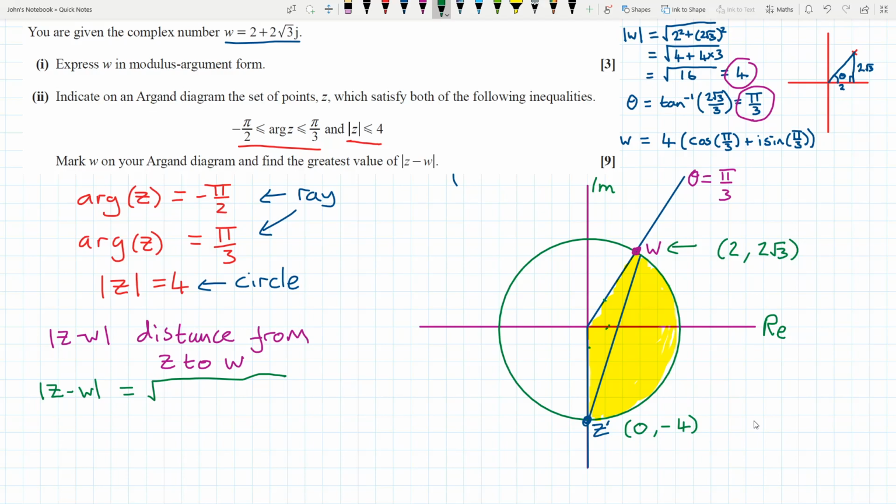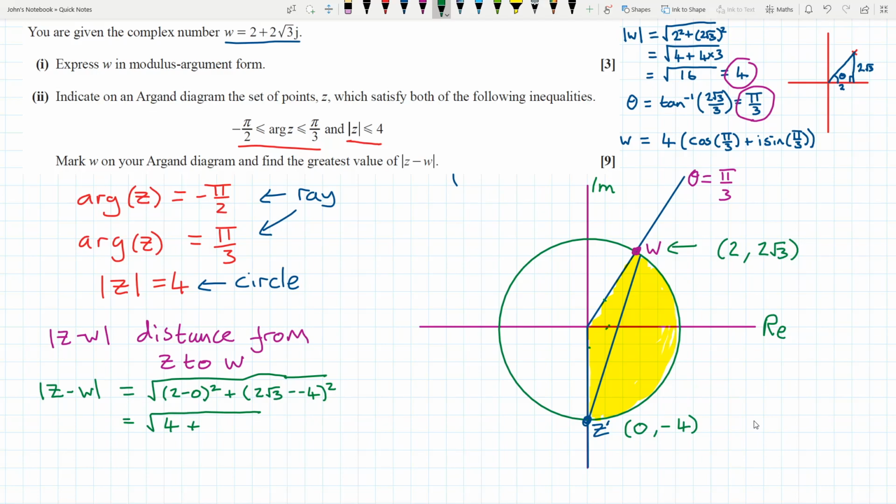the distance from those two points, which in the x direction is going to be 2 minus 0 squared, and in the y direction is going to be 2 root 3 minus 4, squared, which is, and we want to stay exact here, 4 plus, and I want to do a little bit of work.